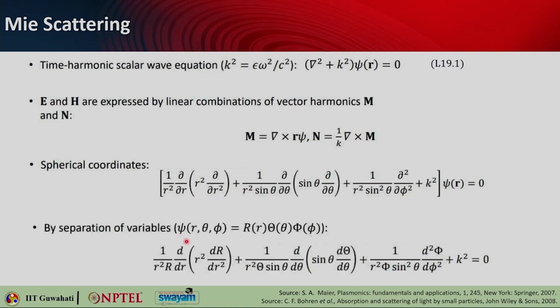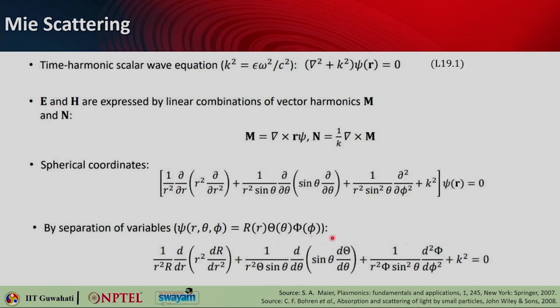Now you can also write psi, the electric potential, in terms of r, theta, phi as 3 different variables. You can separate these variables and say that psi is basically R of r, Theta of theta and Phi of phi.